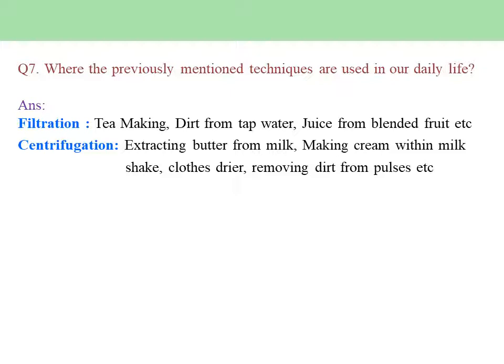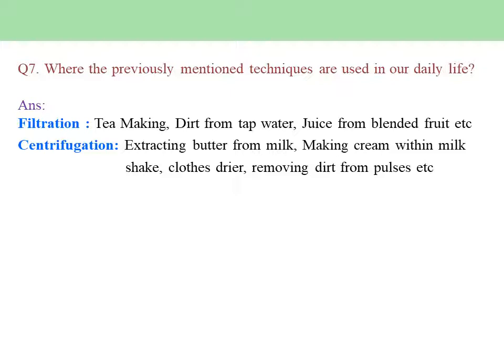Removing dirt from pulses. During cooking, we have seen our parents use some sort of stick and give a stirring motion while the dal is boiling or cooking, and we see a white-colored substance floating out.